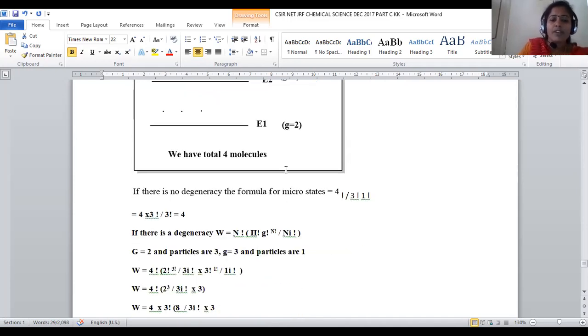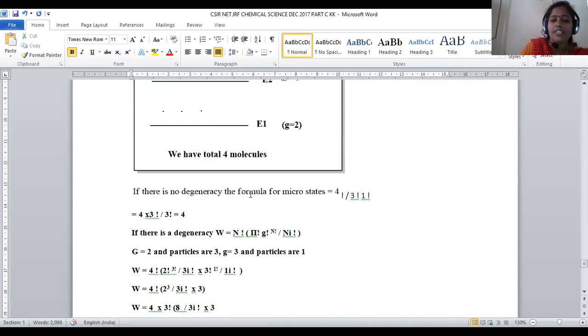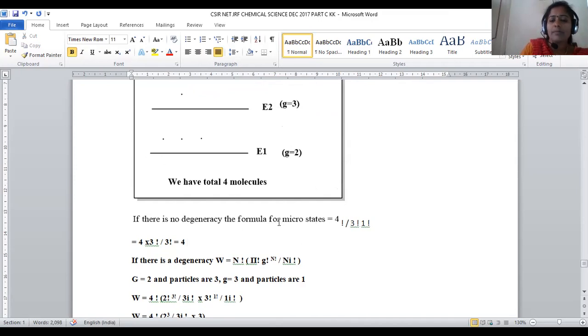Now, the general formula when no degeneracy is present: microstates are calculated by taking N factorial, where N is the total number of molecules participating, divided by 3 factorial and 1 factorial, since in one energy level 3 molecules are there and in the second energy level 1 molecule is there.